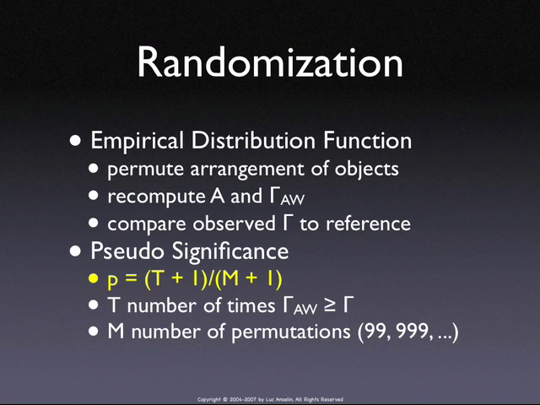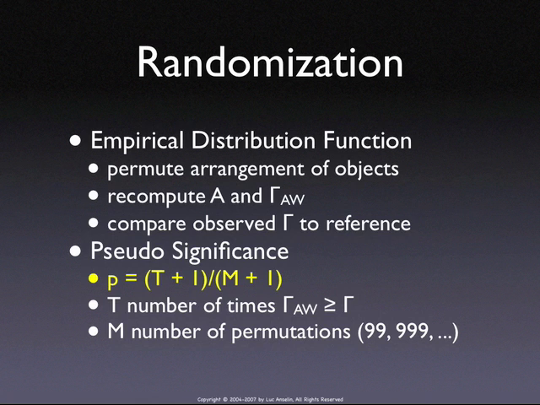Just one aside on the notion of pseudo-significance. Just remember always that this is pseudo. This is not for real. It's just a summary that makes it easier for us to discuss the results. But strictly speaking, the only thing that matters is the full reference distribution and how your statistic is relative to that full reference distribution.